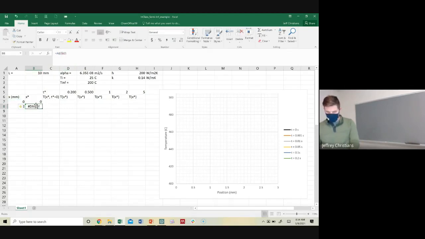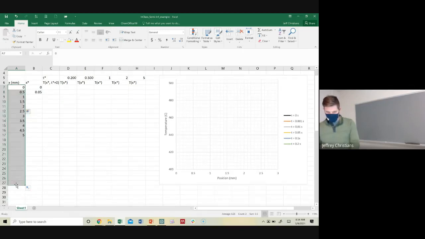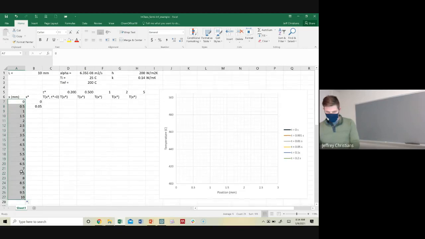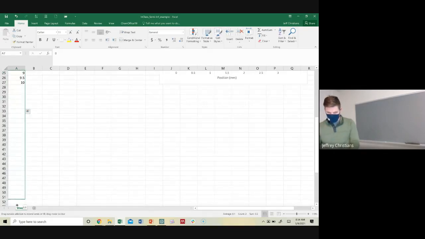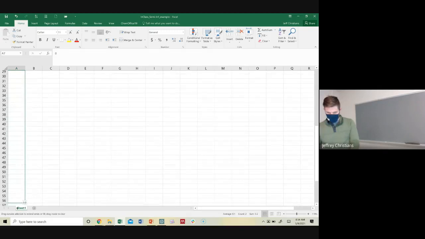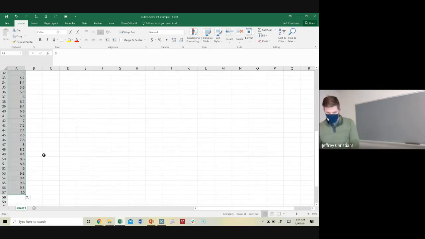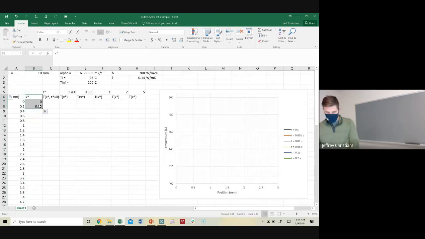Okay. Make this go. Oh, let's do a little bit finer spacing. All right.